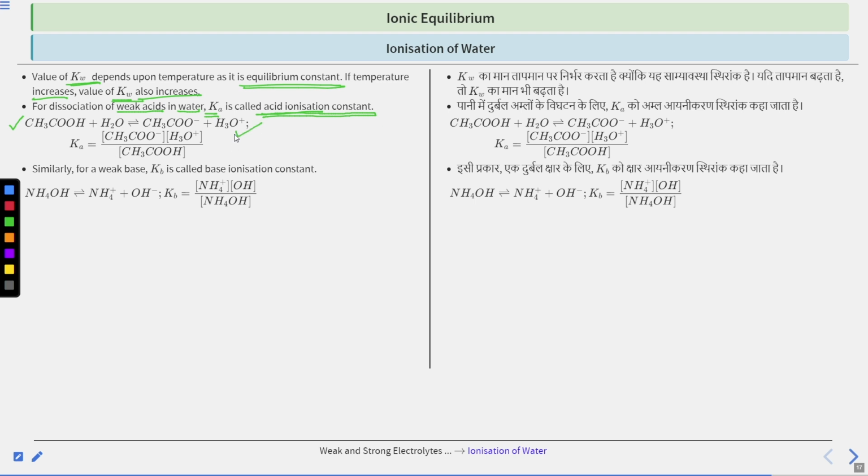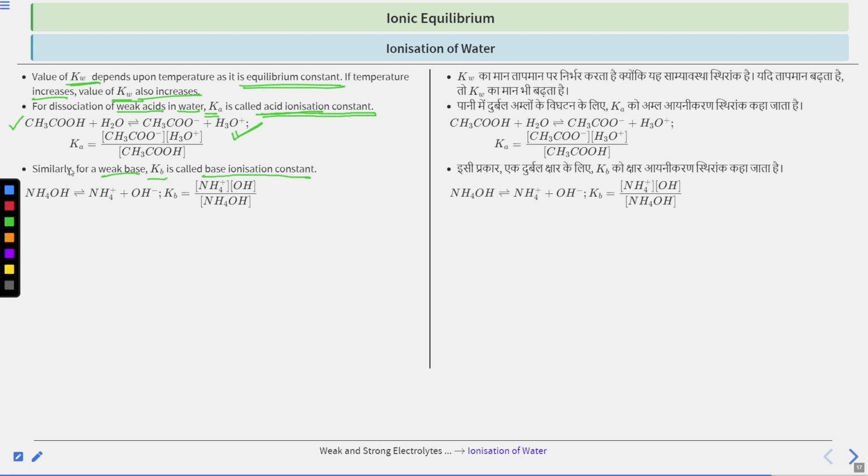The Ka, or the acid ionization constant for this, will be equal to CH3COO minus concentration times H3O plus concentration, that is product, divided by reactant, which is CH3COOH.